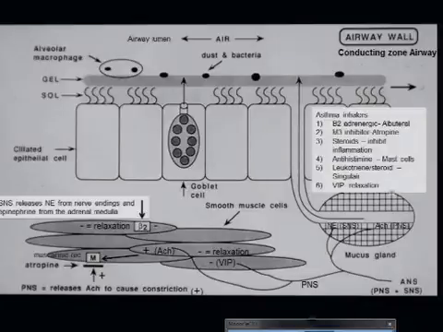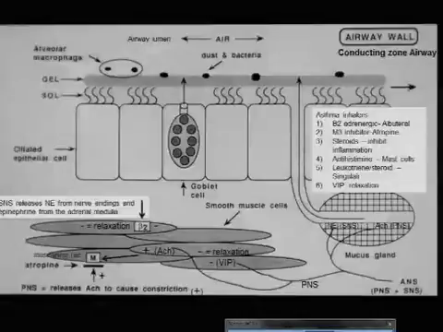So the problem is, if you don't use this inhaler at the first signs of a problem, how does this inhaler work? The inhaler works by getting this pharmacological agent into the airway to the site of the constriction. Now, if you have too much constriction, what happens to your volume of air that you can bring in?